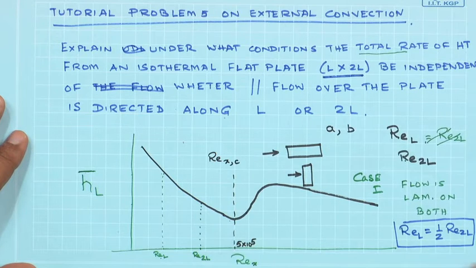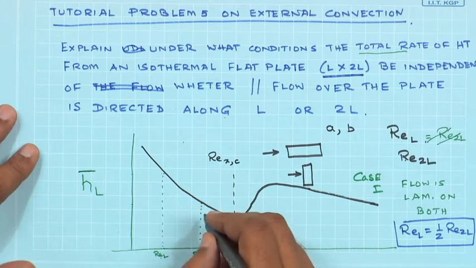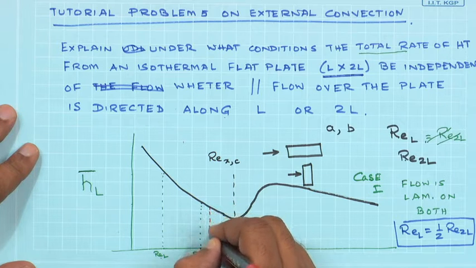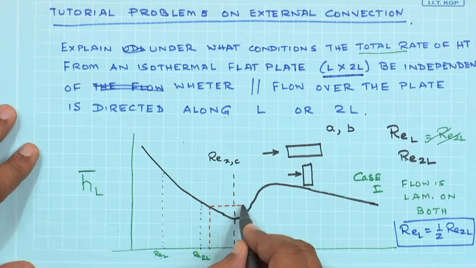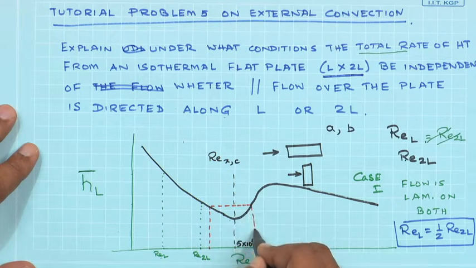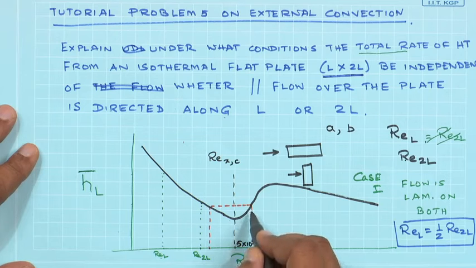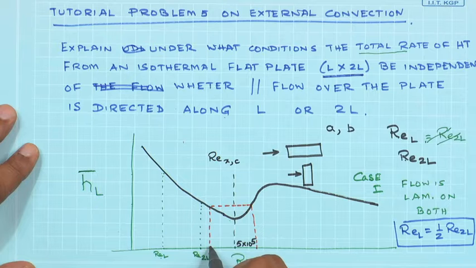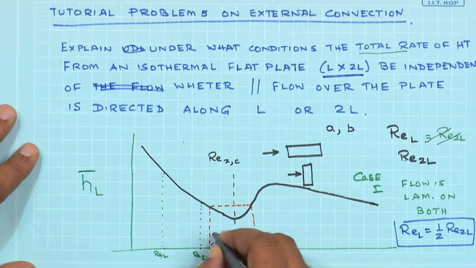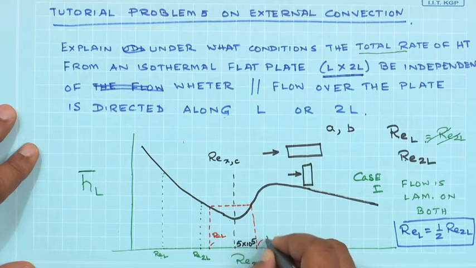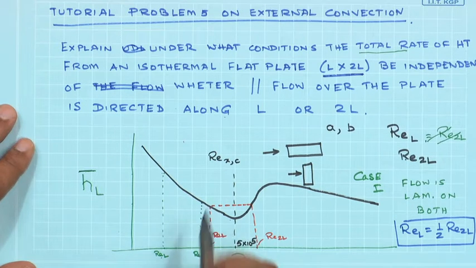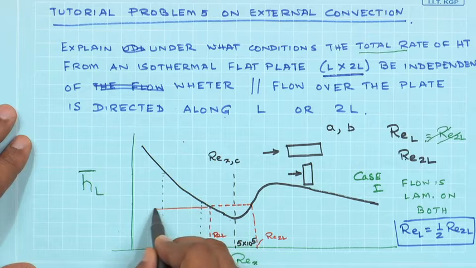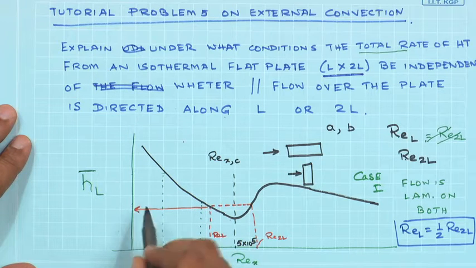Now, case 2 is something which I call it as, this is my case 2, where the flow is laminar on one side and it is turbulent on the other side or mixed on the other side. Okay. So, if this is my Re_L and if this is my Re_2L, there may be a possibility that both of them would give rise to the same value of h bar.